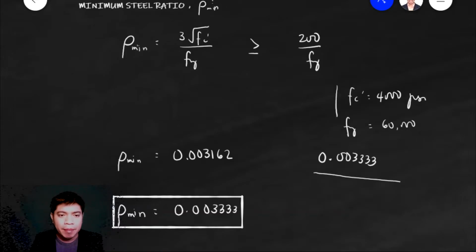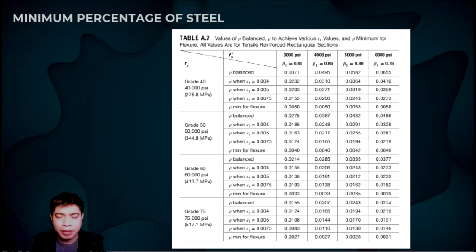Okay, so balikan muna natin guys yung table kanina. Ito yung table na nasa kabilang video. Hanapin natin yung f sub c prime na 4,000 and yung f sub y na 60,000. Ito yung intersection dito guys, so dito natin hahanapin yung ating raw minimum. According to here, raw minimum for flexure is 0.0033.